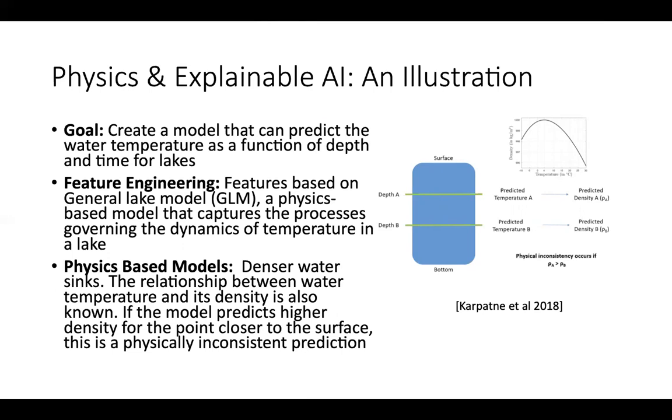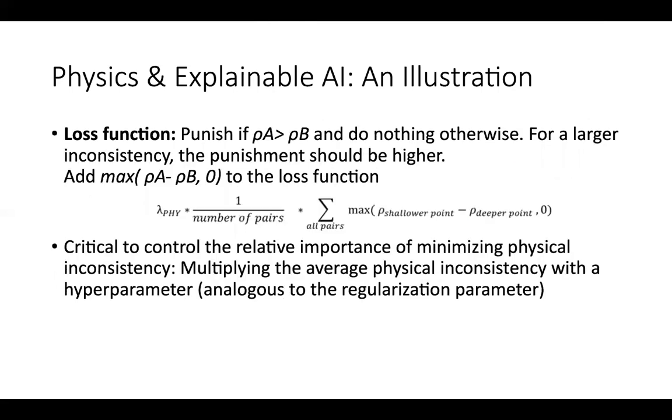That said, the real world is much more complicated. There are a host of features with respect to, say, the weather, composition of water, and other factors which affect what is actually recorded and observed. So within the loss function, we can incorporate this, so that whenever there's an inconsistency, we punish the model, and when the inconsistency is higher, the model is punished more. And it's not just taking into account pairs of points, but we have to look at all recorded pairs of points.